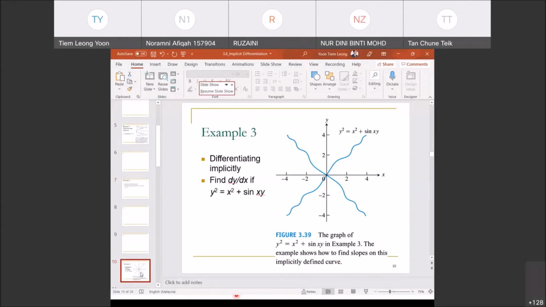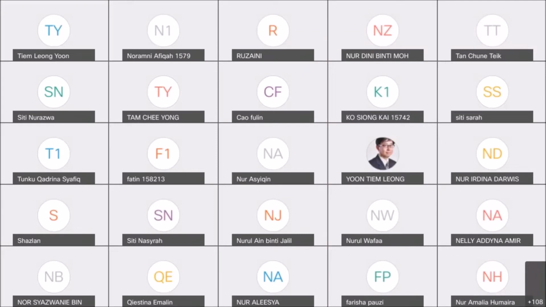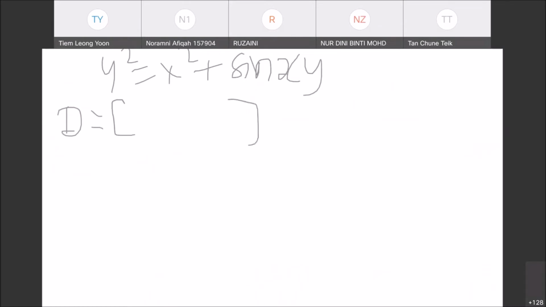It should be quite straightforward. Again, I'm going to show you my whiteboard. So we have y squared equals x squared plus sine xy. So you apply the derivative to the whole thing, the left hand side here, the right hand side here.